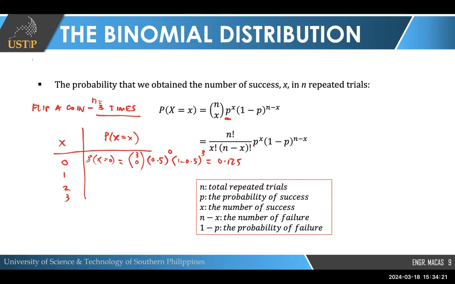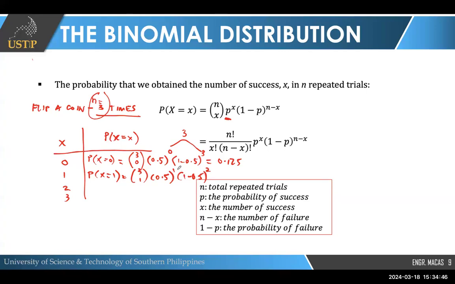Okay, what is the probability of getting one head in 3 trials? So ilisan nato ang x nimo og 1. So this will be 3 choose 1, then 0.5 raised to 1, and 1 minus 0.5 raised to 2. Ang tan-aw lang ninyo, class, mag-total na imong exponent of 3, kay mao na imong n.